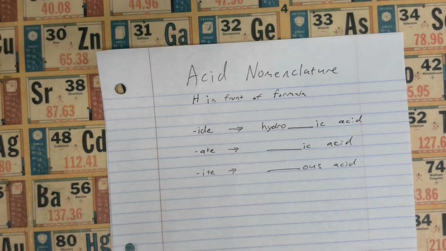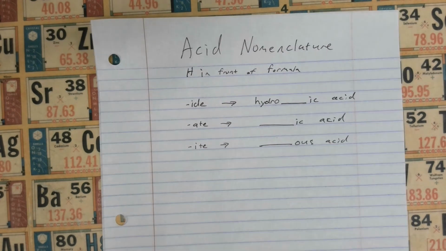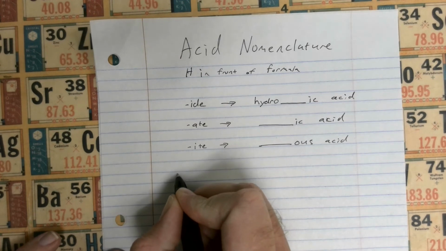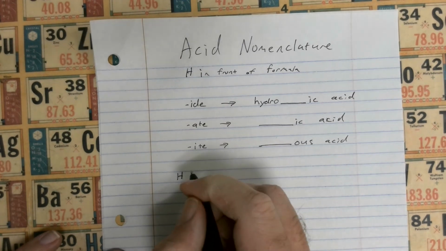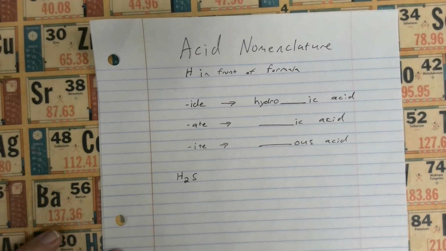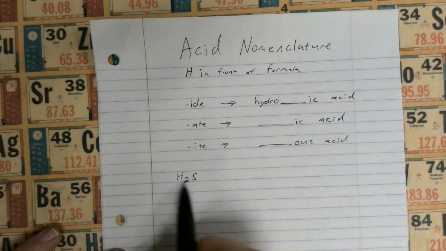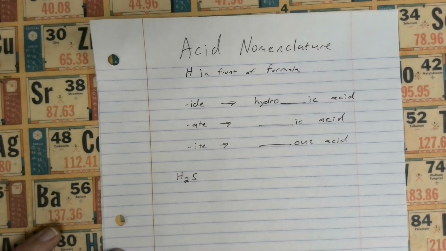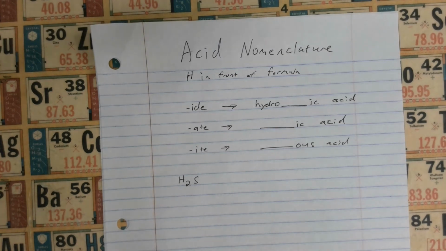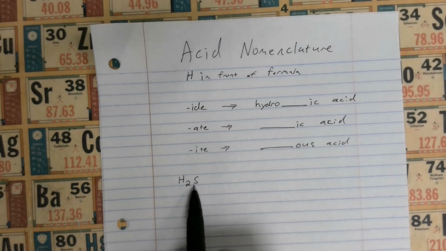Okay, so let's say I have H2S. Again, I know it's an acid because it has an H in front, so what I'm going to look at is the anion. When you look at the anion, which in this case is sulfide, sulfur turns into sulfide.